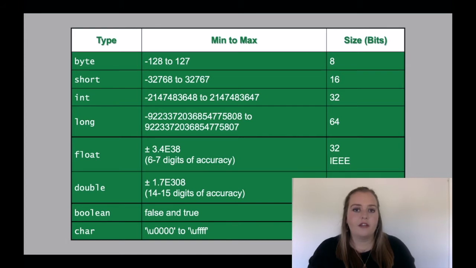If we put a value outside that range, the compiler is going to get mad at us and it's not going to work right. It's going to say, this is an error, fix it. And we can force it to cast down to a byte. We can say, hey compiler, I know what I'm talking about. I really want this to be a byte. But if we do that, there are some consequences.